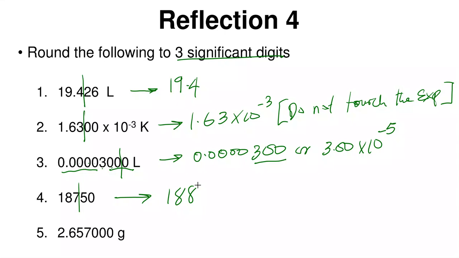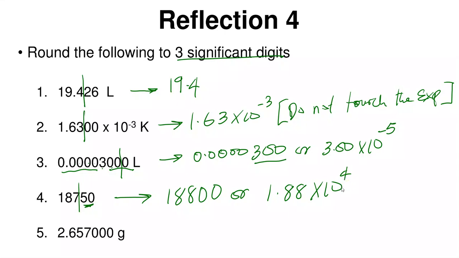So this is tricky. What you do in this case is that when you make this to be 8, because there are 2 other digits here, there's no decimal. You're just going to put 0, 0. So this is actually 18,800. That will be the best way to write this, or you put it into the standard notation to be 188 times 10 to the power of 4.